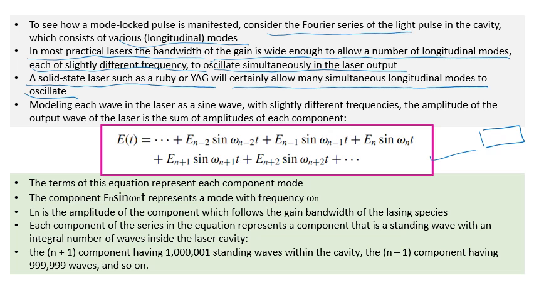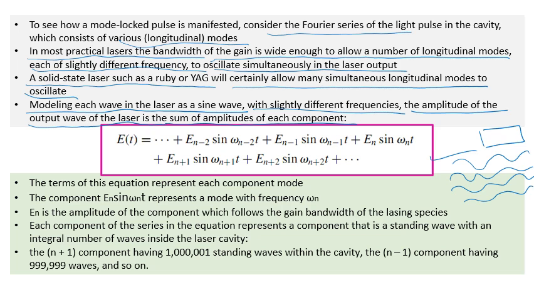So if you model each wave in the laser as a sine wave with a slightly different frequency, the amplitude of the output wave of the laser is the sum of the amplitudes of each component.